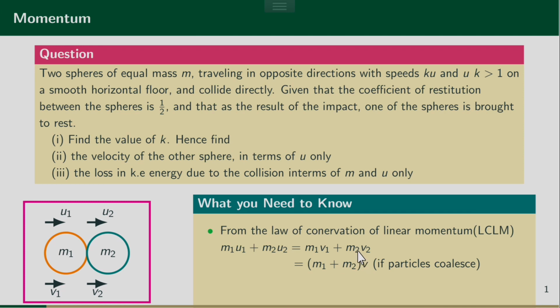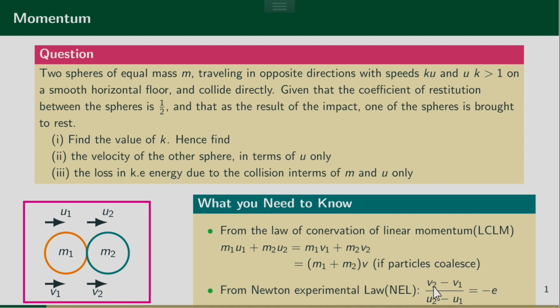Now, the second thing that you need to know is Newton's experimental law. The law states that the ratio of the speed of separation to the speed of approach is a constant. That means when two objects interact, you can find the ratio of the relative velocities of separation to that of approach.